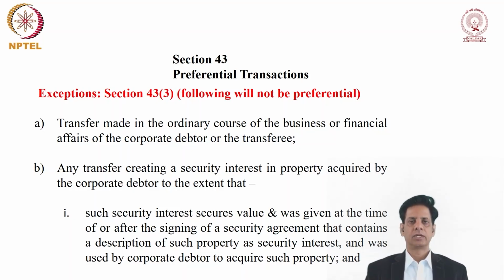That means if I am acquiring a certain property and I am borrowing money and I am creating a security interest on such property by way of an agreement, then such creation of security interest will not be termed as a preferential transaction.